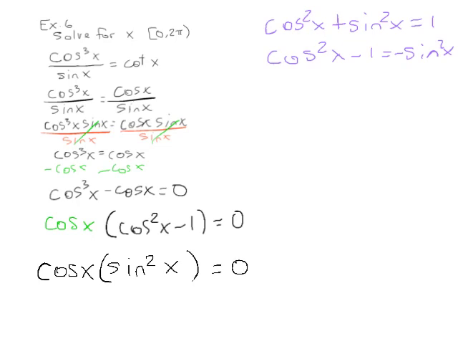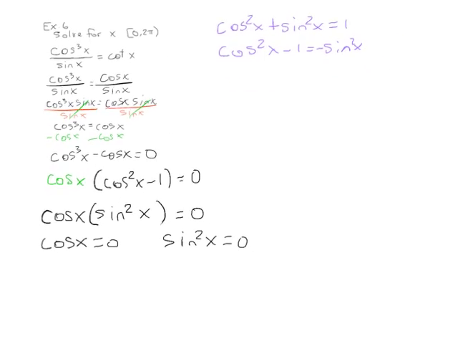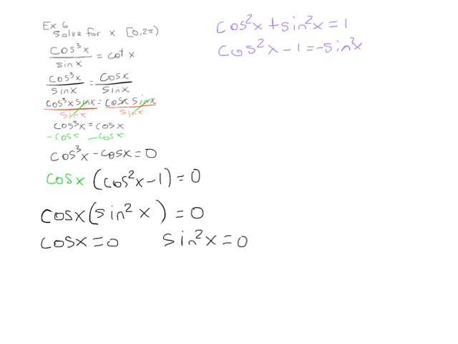Now set each piece equal to 0 and solve it out. It doesn't matter what you do to sine squared: wherever sine is equal to 0, sine squared will also be 0. And where does cosine of x equal 0? Well, the cosine of x is equal to 0 at pi over 2 and 3 pi over 2.